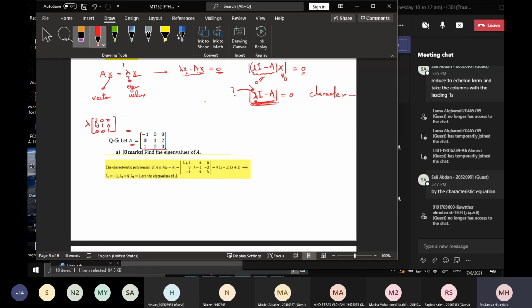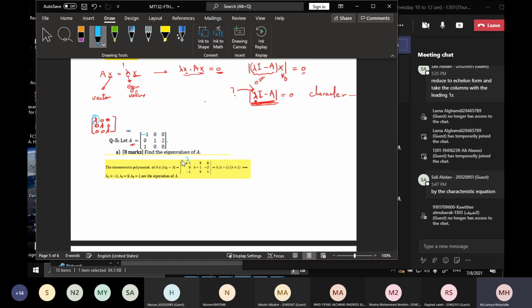How do we proceed? You multiply lambda by these ones. So lambda appears, with 0 times 0 elsewhere, correct? And here as well lambda and here as well lambda. So this is going to be your matrix. Now this matrix minus this one, what will I get? Lambda minus, negative 1, so it's lambda plus 1.